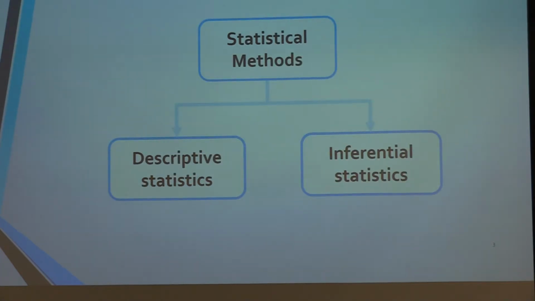Okay? Statistical methods. I try to simplify it because it could be very complicated. Actually, today we just focus on two types of statistical methods: descriptive statistics and inferential statistics. As you can see, the two terms are different, right?